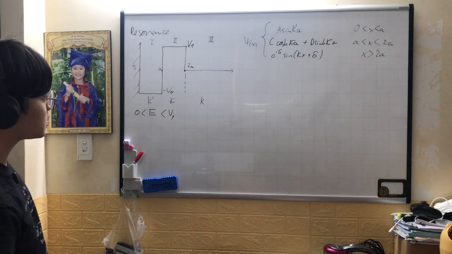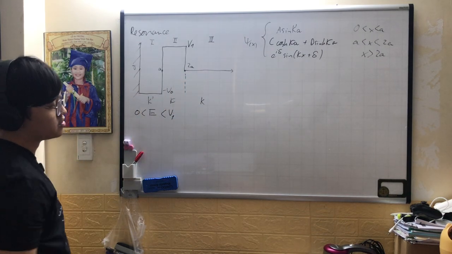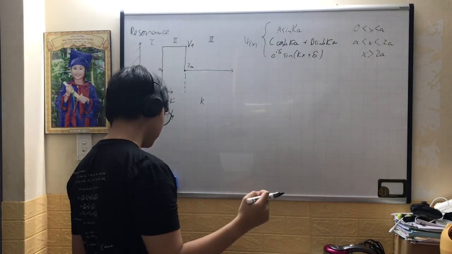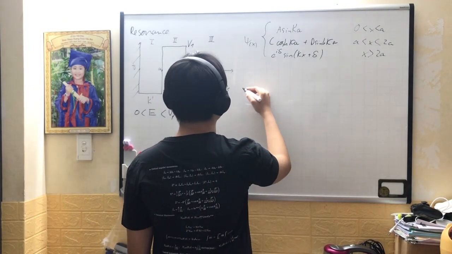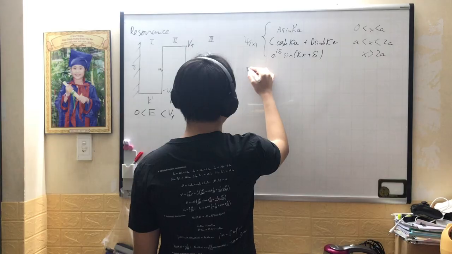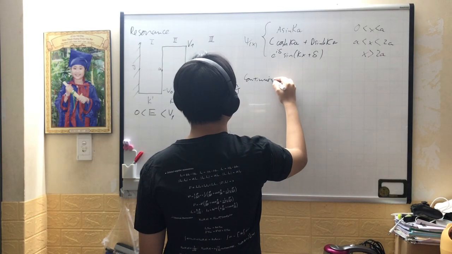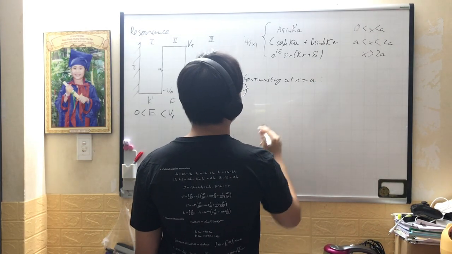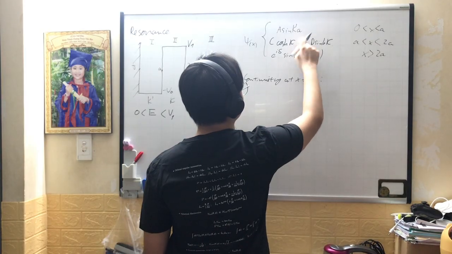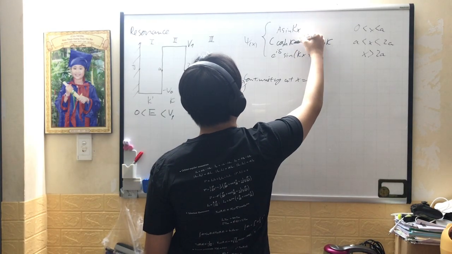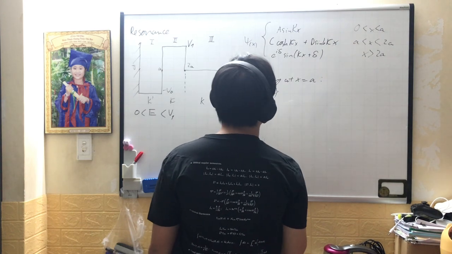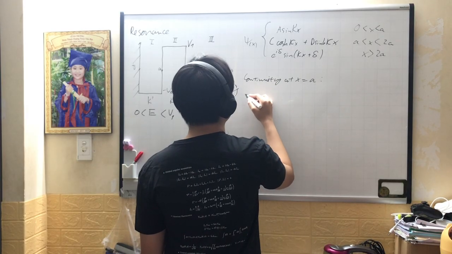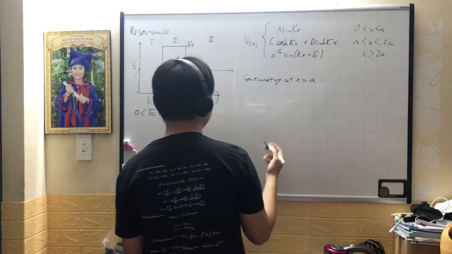Right, so once you write your wave function, now let's take a look at the boundary condition and continuity. First, let's take the continuity at x equal to A. At x equal to A, that would be the continuity of your wave function and their derivative.